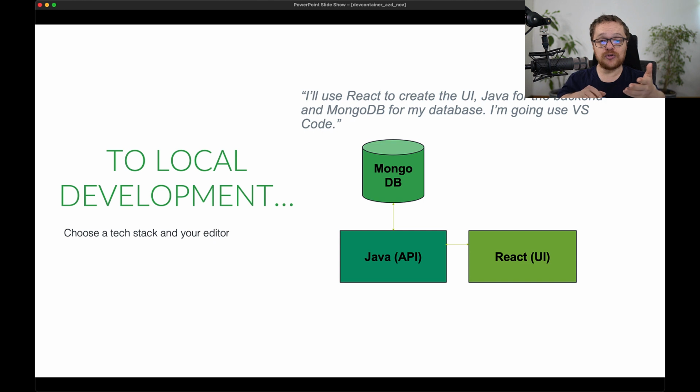I want to be able to use React to create the UI, and Java for the backend, and MongoDB for my database. And I'm going to use VS Code as my editor. And also, I want all of this to be available via a dev container that I can either use on my laptop or alternatively in GitHub Codespaces.